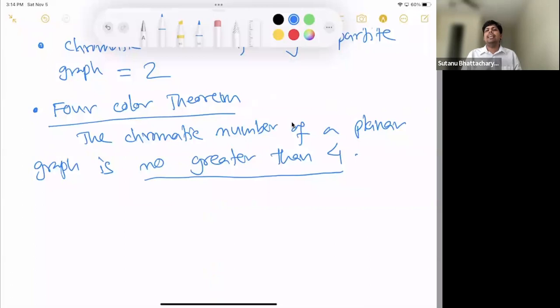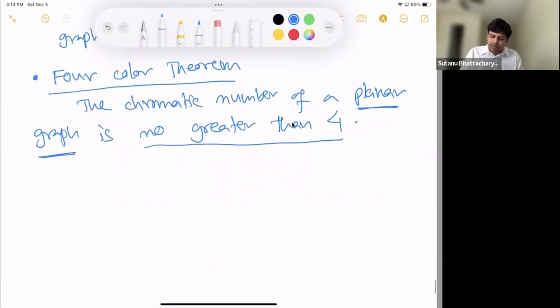So it is not saying exactly what the chromatic number is. It is saying that for any planar graph, and only for planar graphs, the chromatic number should not be more than 4. It can be 4, it can be 3, it can be 2. So this is called the four-color theorem.